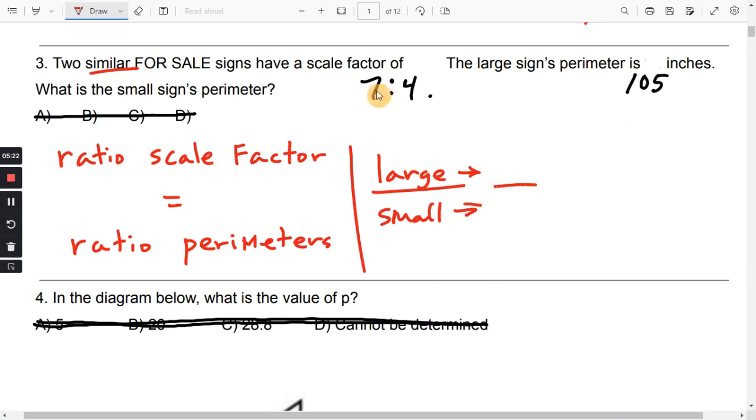Okay, large to small, that's 7/4. And the actual perimeter of the large sign is 105. All right, and we want to know the small sign perimeter, so the small perimeter, we'll just call it X. All right, this right here is the ratio, and this fraction here is the actual perimeter.